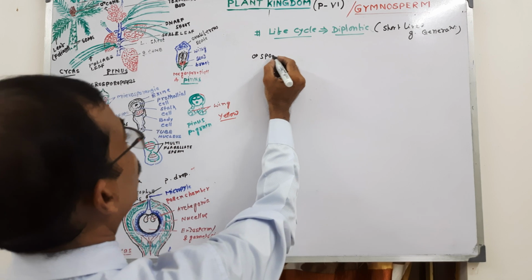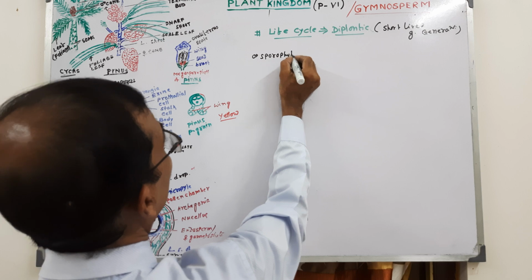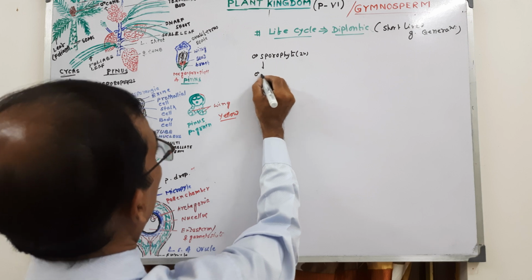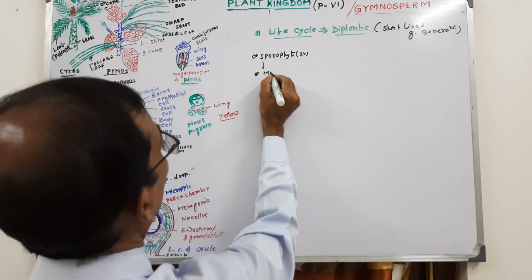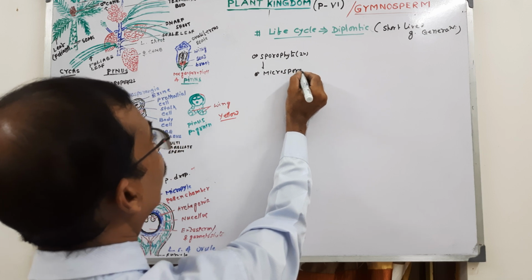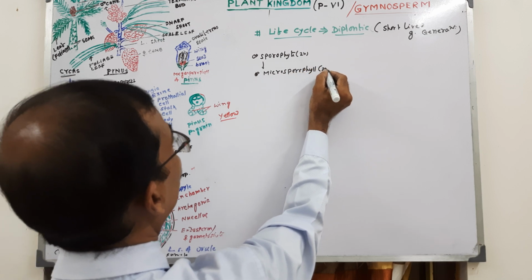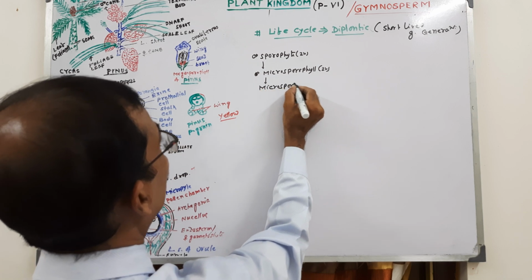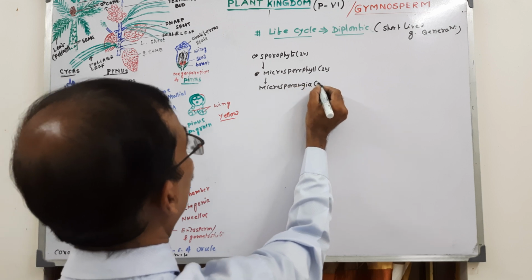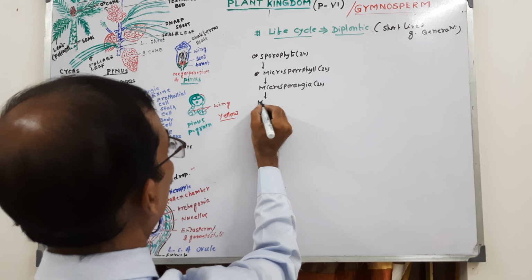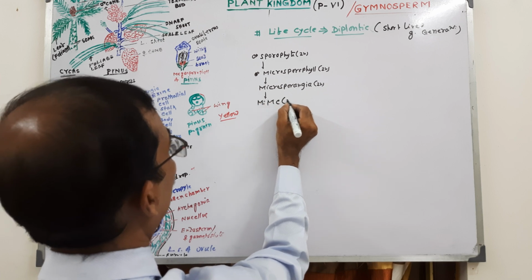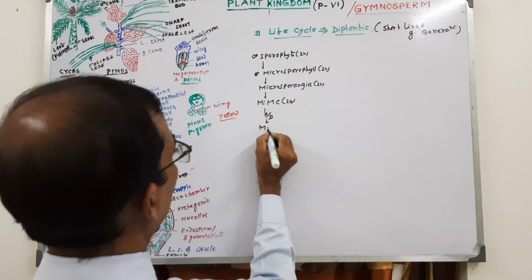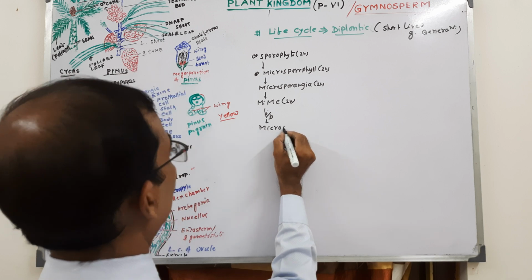One plant, as it is dioecious, so male sporophyte, obviously 2n. It produces male microsporophyll, diploid. It produces microsporangia, 2n. It produces microspore mother cell, 2n. It undergoes reductional division, produces microspore, that is the first cell of the male gametophyte, microspore.